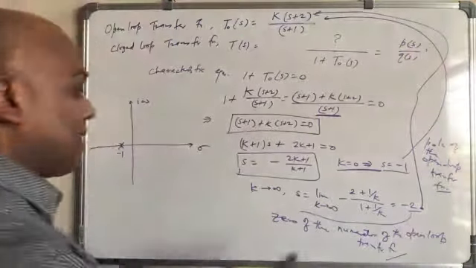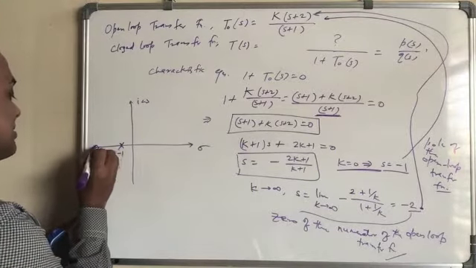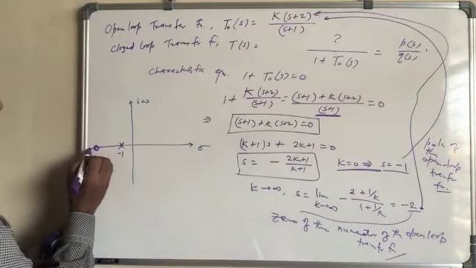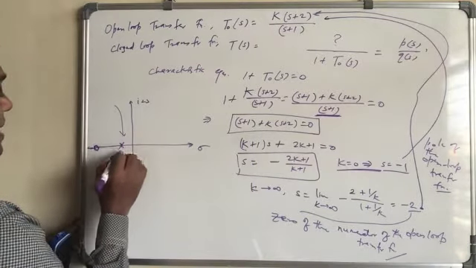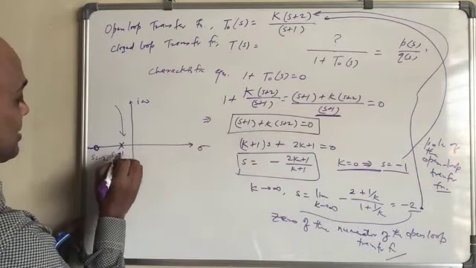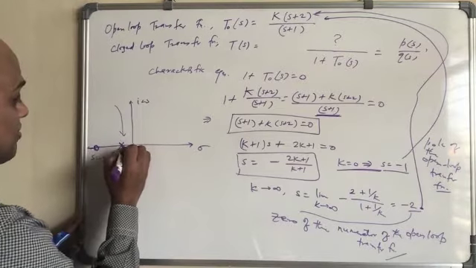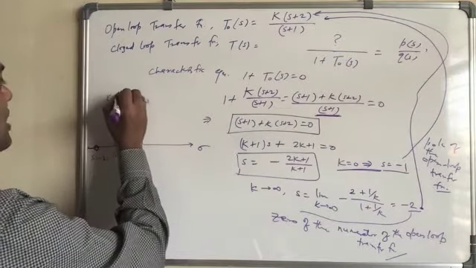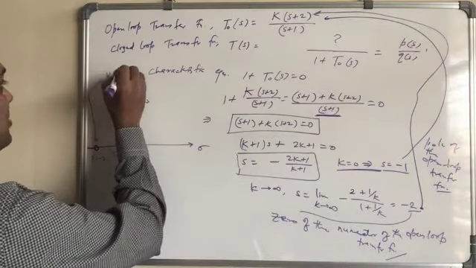And the 0 is denoted like this, as the 0 here. This point, what we see, s equal to minus 1, s equal to minus 2. This cross, which is the pole, corresponds to k equal to 0, and this is k equal to infinity.